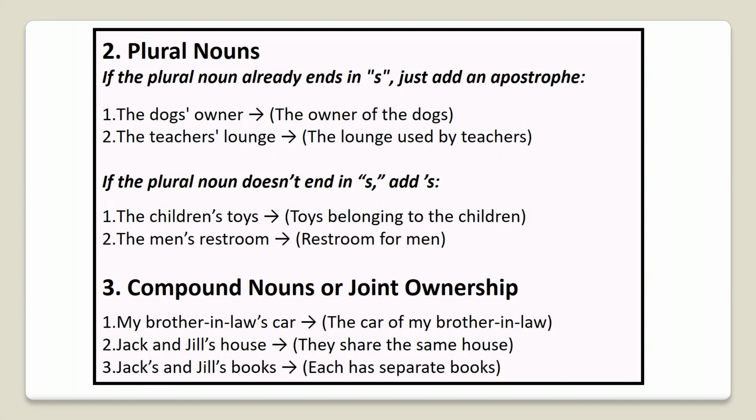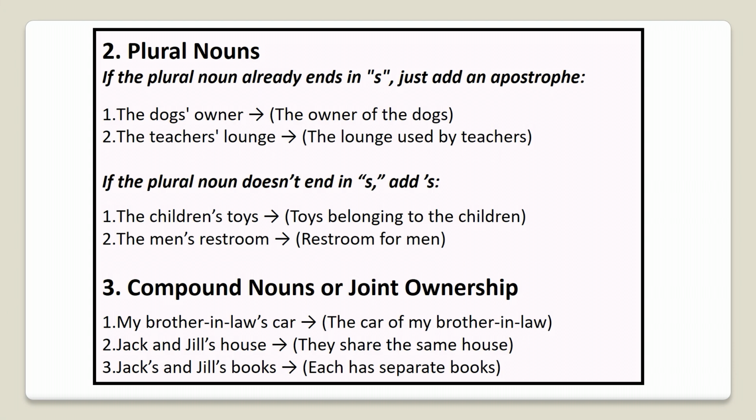Jack's and Jill's books means each has separate books. Jack apostrophe s, again Jill apostrophe s, books means each has separate books. So we can understand this contrast. So how we can use the apostrophe s is very clear to you, with the compound noun, plural noun or singular noun.